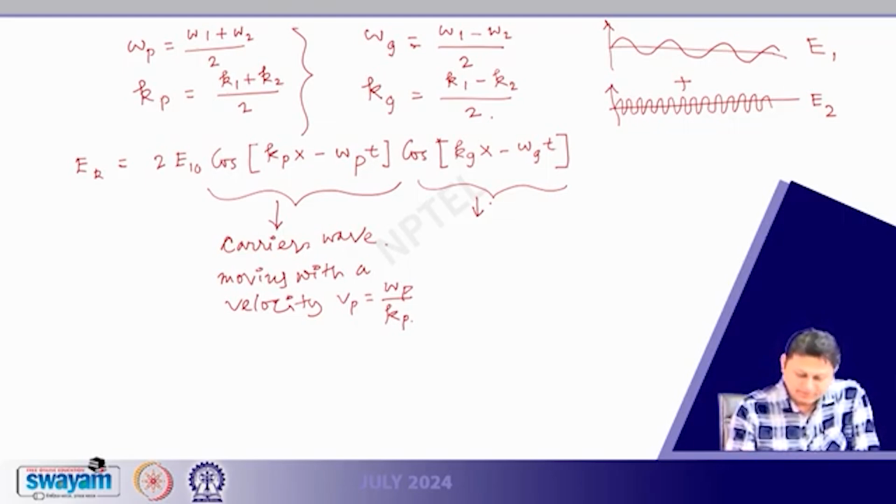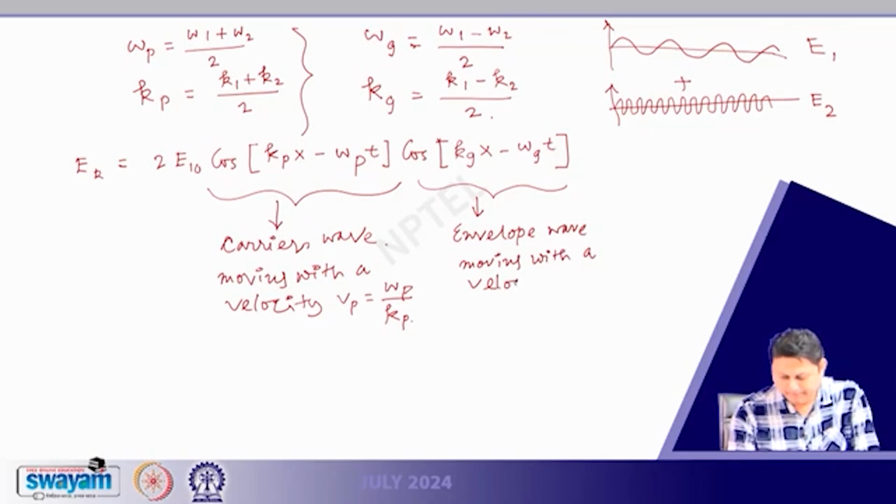So, this is called the envelope wave. This is the envelope wave and it is moving with a velocity, I write Vg equal to omega g divided by kg.